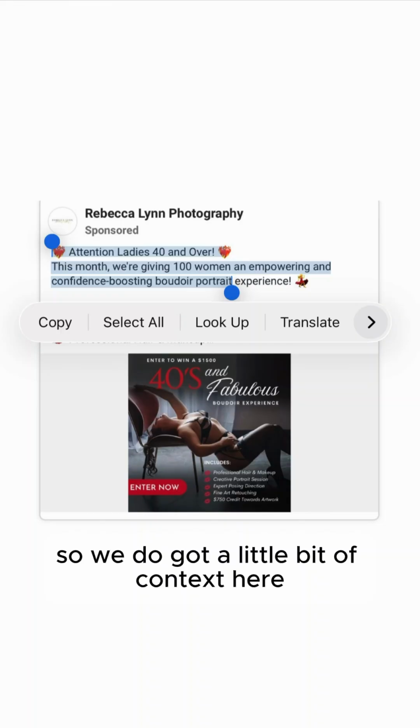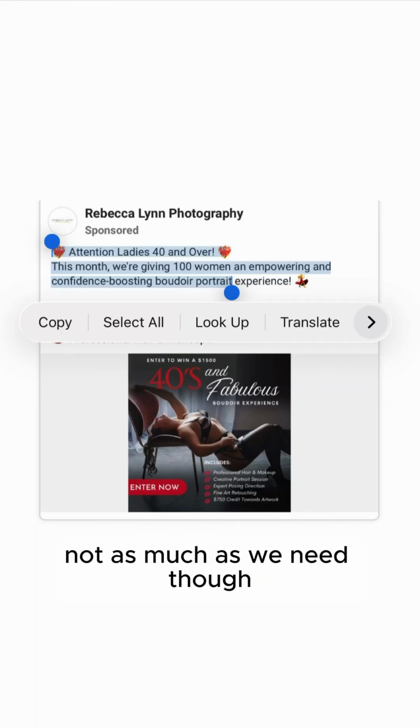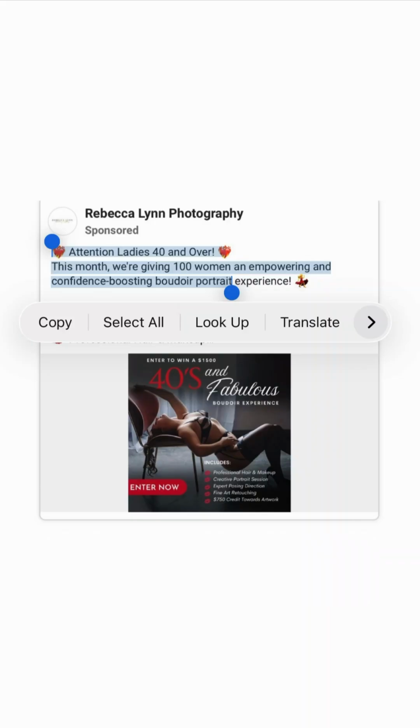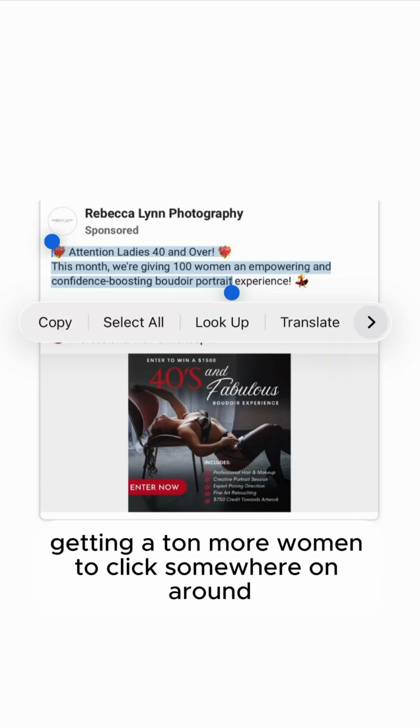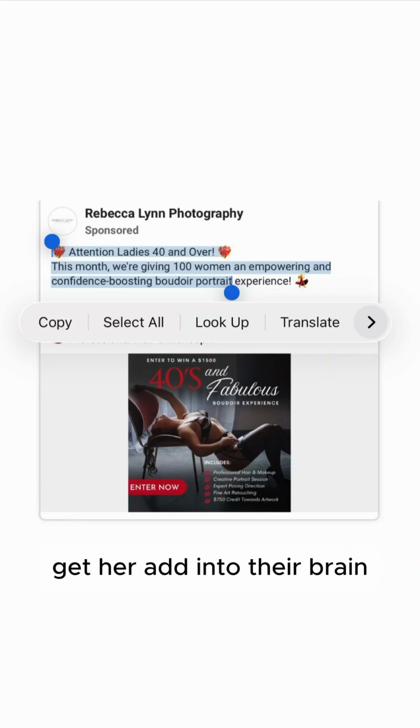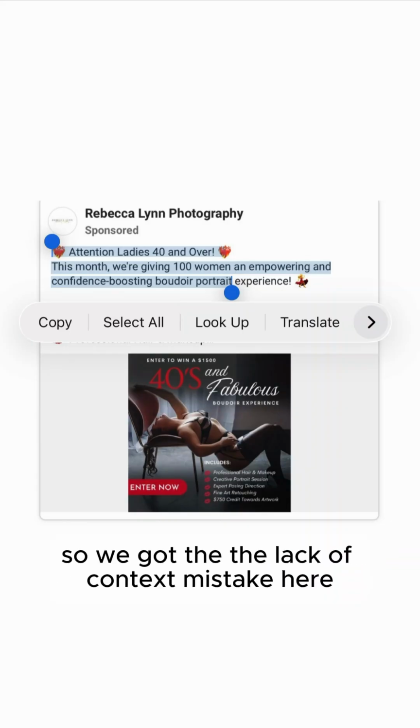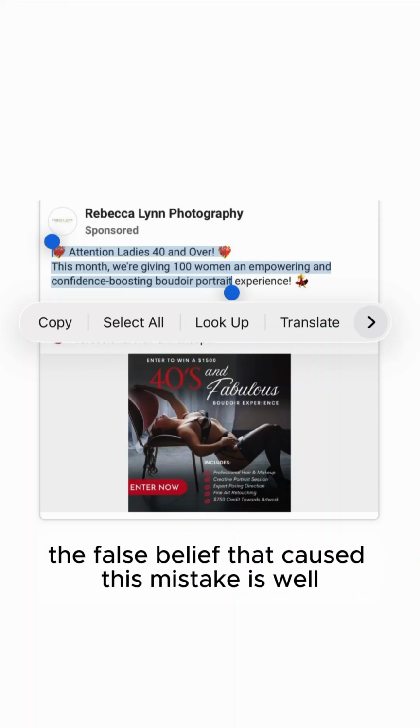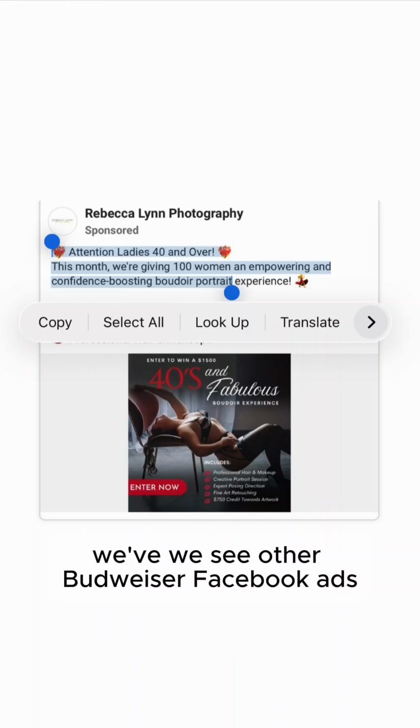Okay, so we do got a little bit of context here. Not as much as we need, though, to give ourselves the best shot of getting a ton more women to click somewhere on our ad and get our ad into their brain. So we got the lack of context mistake here. The false belief that causes this mistake is, well, we see other boudoir Facebook ads.